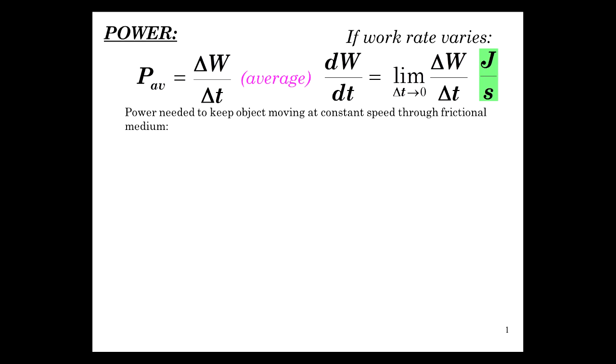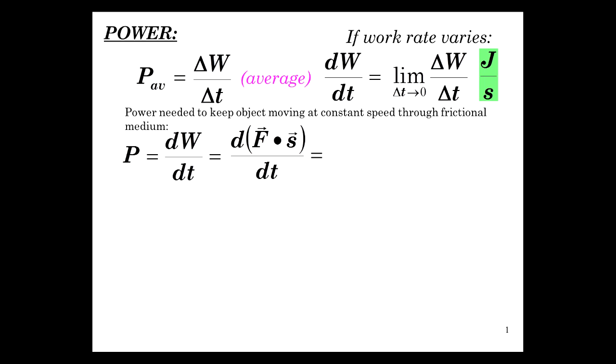How much power is needed to keep an object moving at a constant speed when it's encountering a resistive force, a frictional medium? Well, the power is the rate at which work is done, so dW/dt. Work in basic form is F dot S, the dot product of the force and the distance over which that force acts.